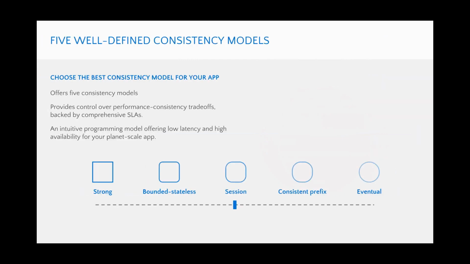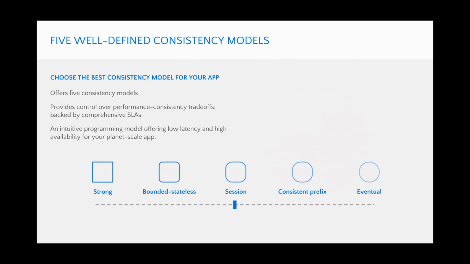We have 5 consistency models that go from strong to eventual consistency to give you options to trade off some performance for data consistency. Just to give an example, strong consistency is the ability to have every single one of your replicated databases copy the same data on every operation. And eventual is the fastest one, by providing an experience where only one database has to copy and receive the data before the operation is acknowledged as completed.